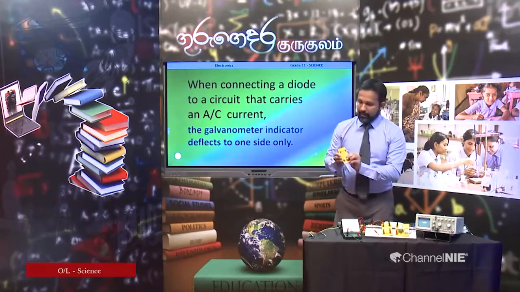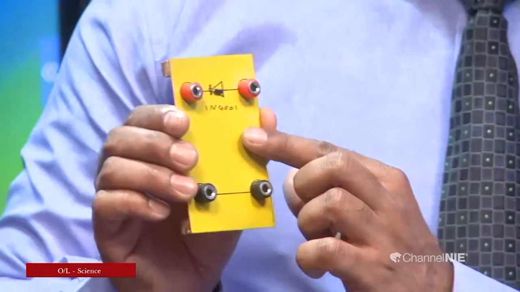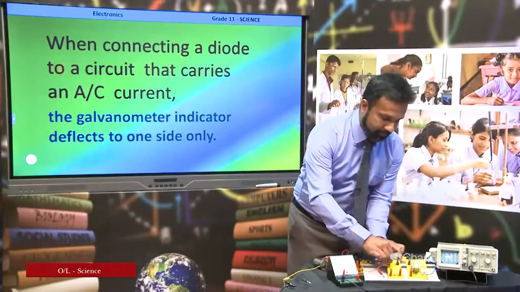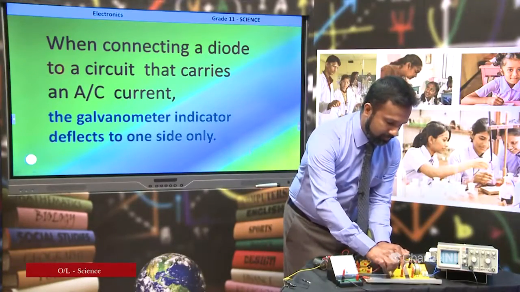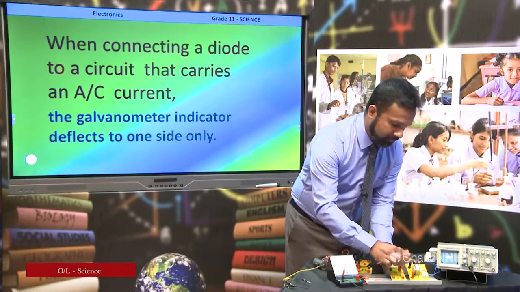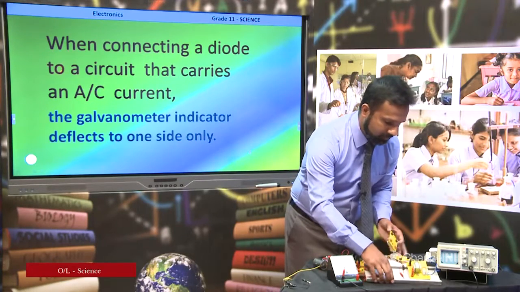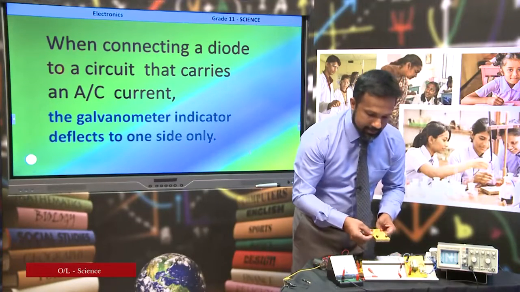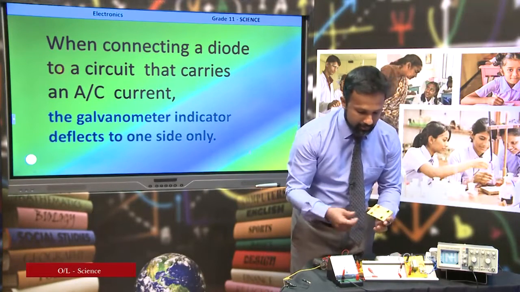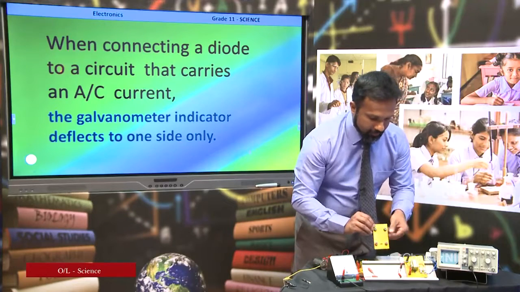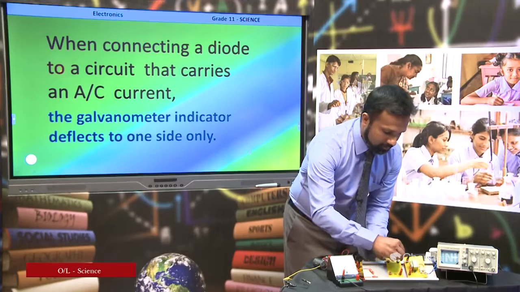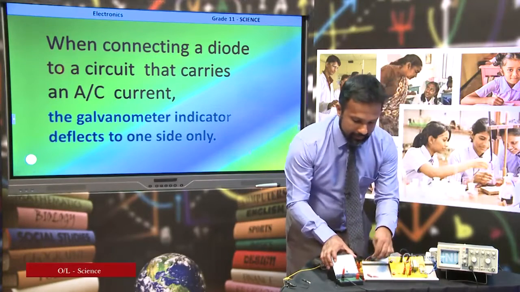We use another diode which is arranged in the opposite direction. Right. In the previous instance, it deflects to the left side. Now let's focus our attention on the second instance.